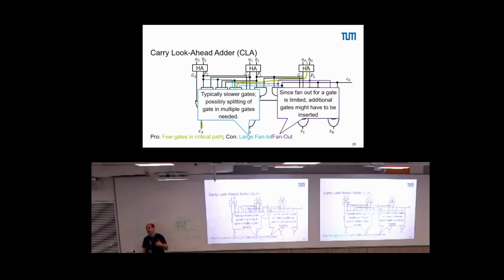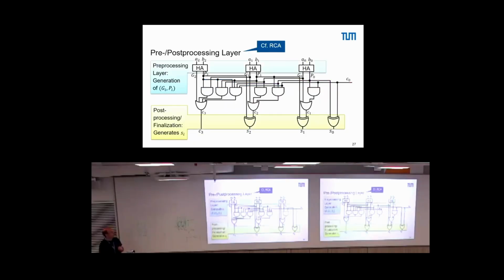And these effects limit the benefit of the carry lookahead adder, so that in practice I would say it's hardly used. In theory, it's a nice idea, and it helps us to understand a little bit the structure here. Namely, we can interpret each and every adder as a layer of half adders that produces, generates, and propagates.